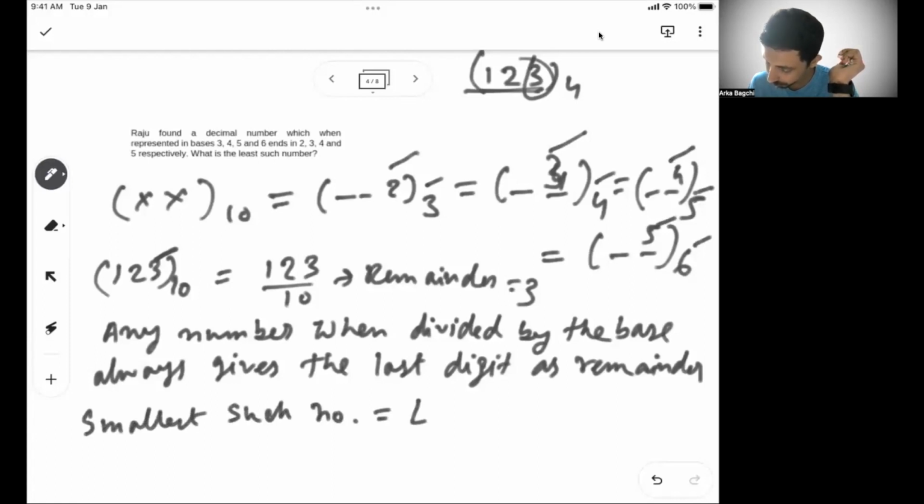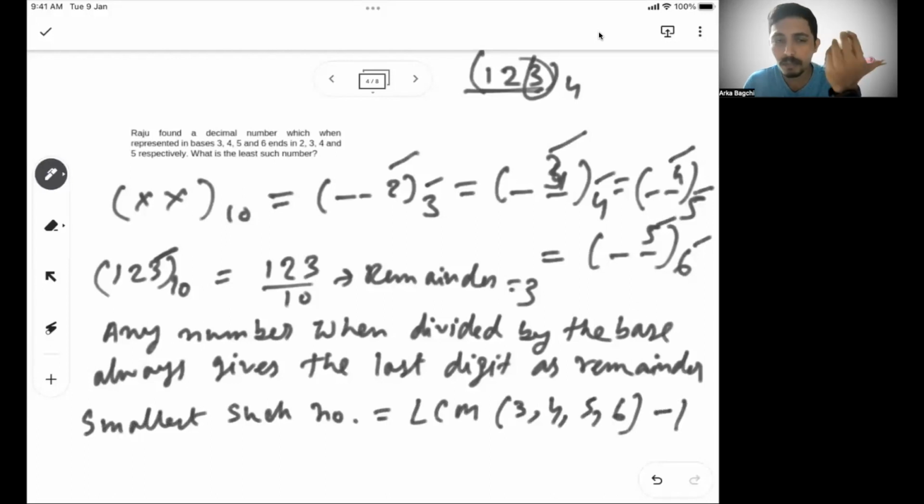The smallest such number is always the LCM of the divisors, in this case 3, 4, 5, and 6, minus 1, which is the difference of the remainder in every case. When your divisor is 3, your remainder is 2 because 2 is the last digit. When your divisor is 4, your remainder is 3 because 3 is the last digit. When your divisor is 5, 4 is the remainder. So in every case the gap between the remainder and the divisor is constant.